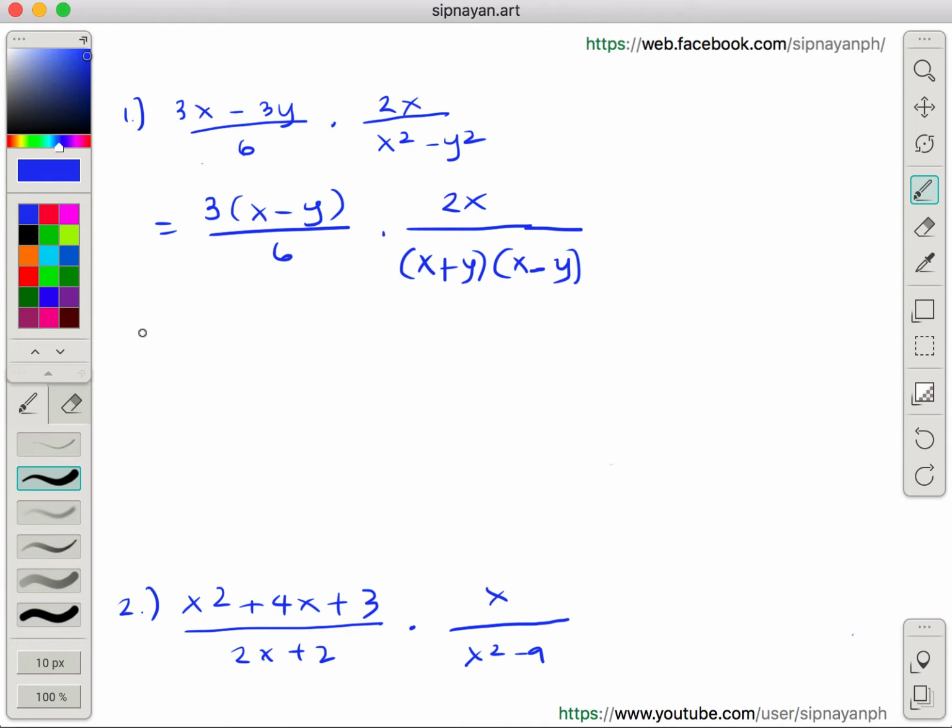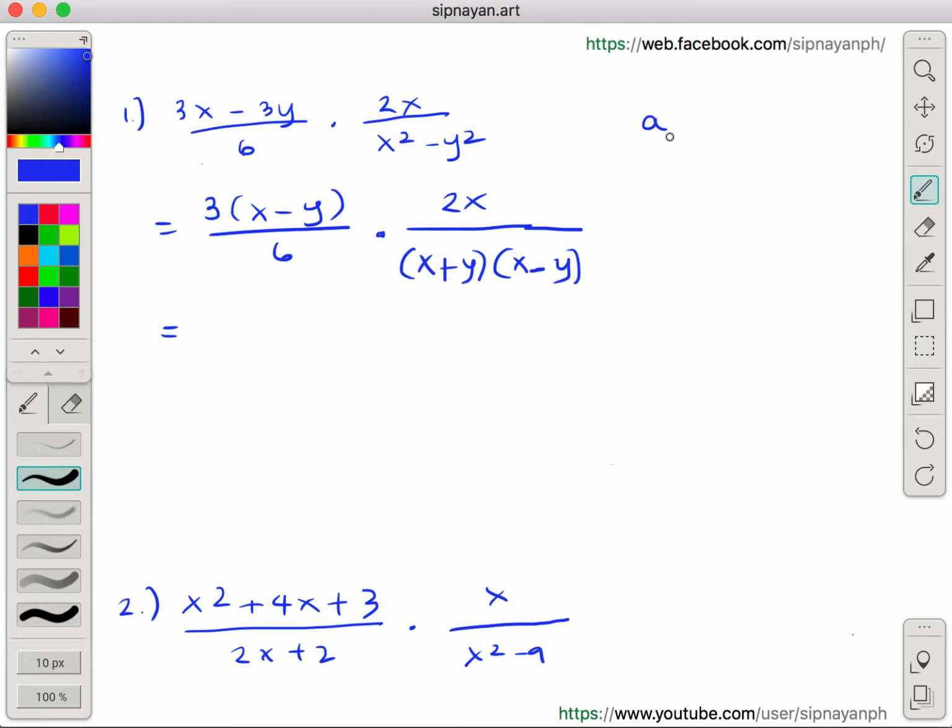Okay, na-factor na natin lahat. Ang pinaka-standard method is we rearrange the numerators and the denominators para tayo madaling mag-cancel or mag-divide. Now, bakit natin pwedeng i-rearrange yung numerator? Pag nag-multiply tayo ng rational expressions, minumultiply natin yung numerator dito sa numerator sa kabila.